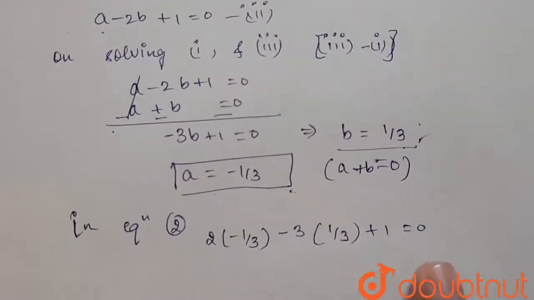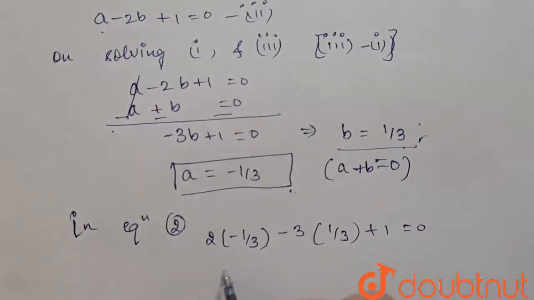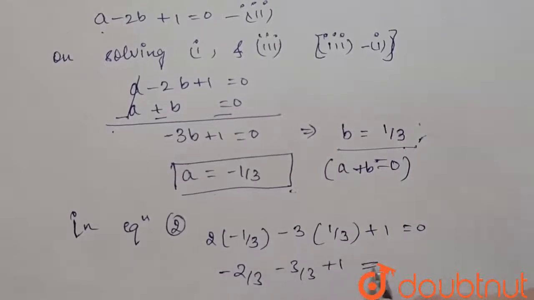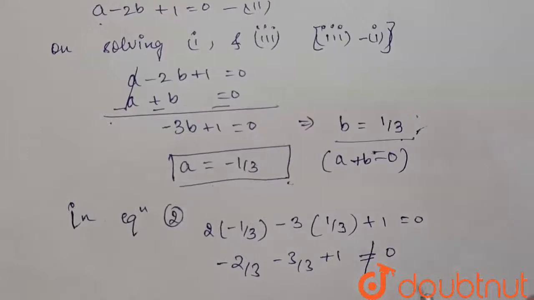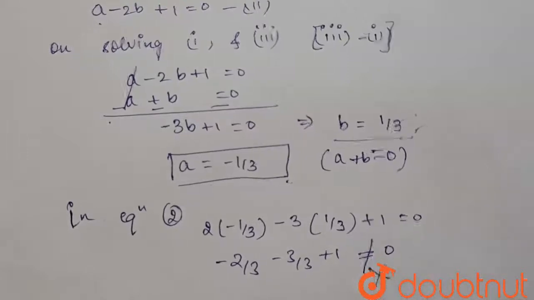If this condition is satisfied, then we will have one ordered pair from here. So -2/3 - 3/3 + 1 = 0, which is not possible.